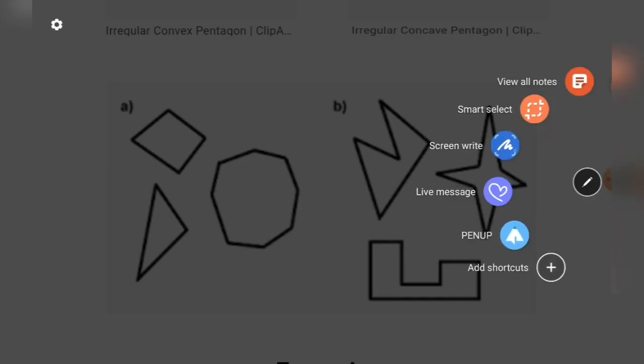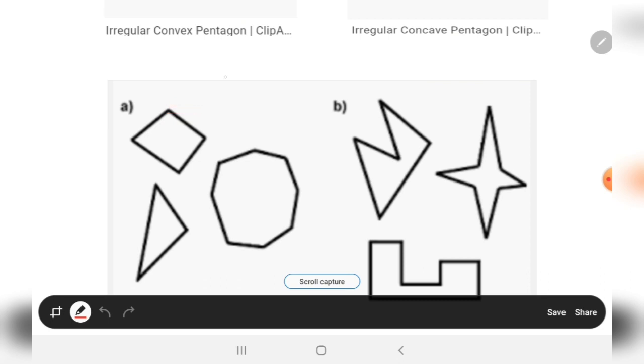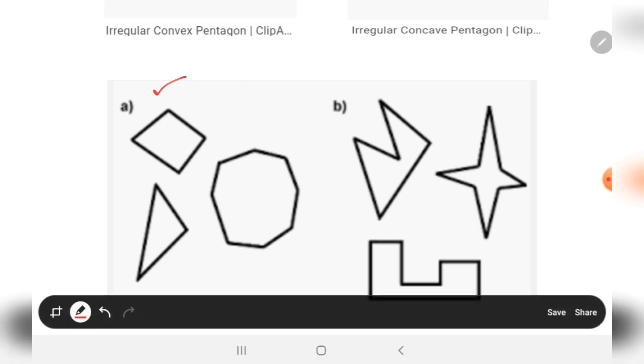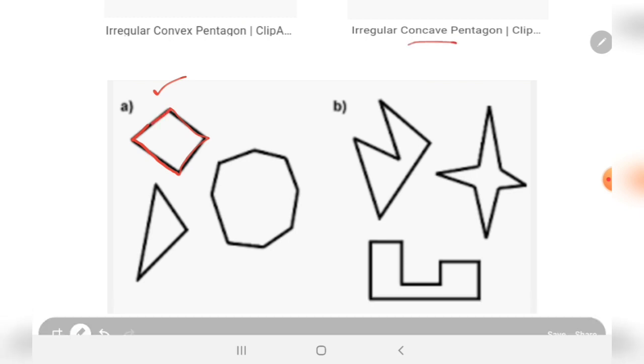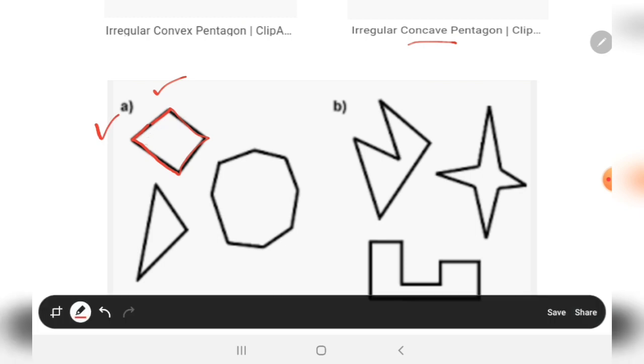Okay, next, another example again. What do you call this, irregular or regular polygon? Yes, this is irregular. What do you call this? Quadrilateral. And then convex or concave? Yes, this is convex.